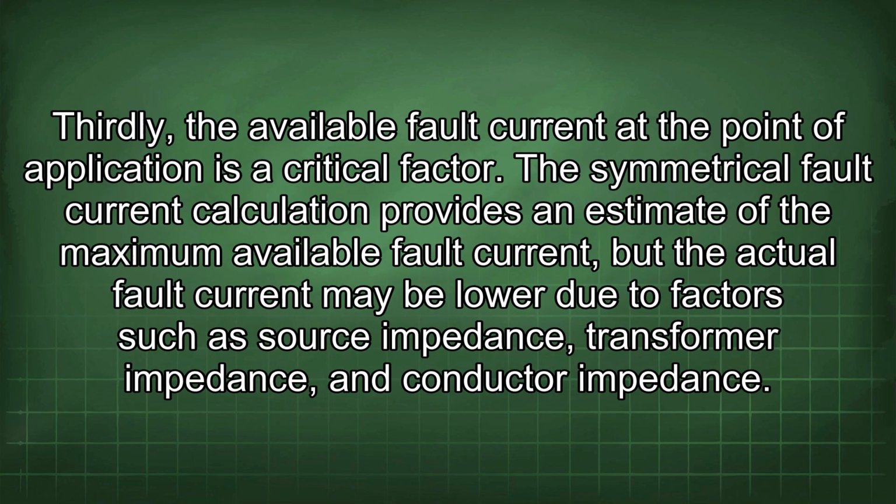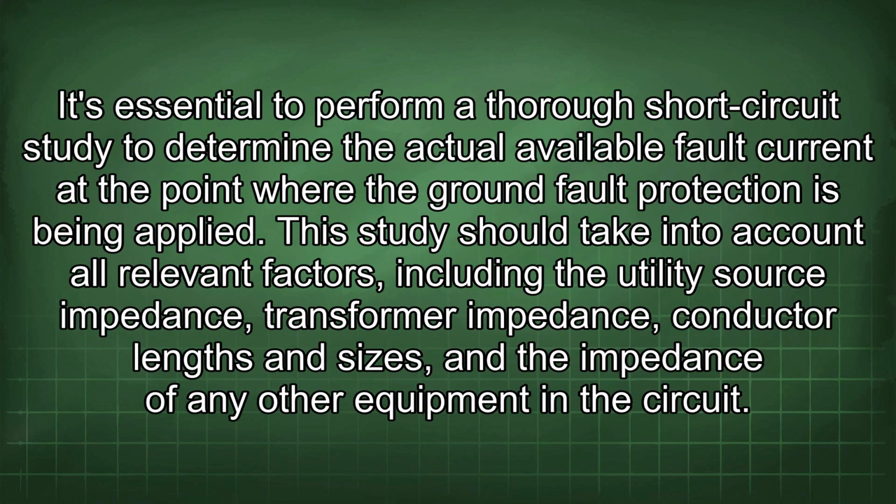Thirdly, the available fault current at the point of application is a critical factor. The symmetrical fault current calculation provides an estimate of the maximum available fault current, but the actual fault current may be lower due to factors such as source impedance, transformer impedance, and conductor impedance. It's essential to perform a thorough short circuit study to determine the actual available fault current at the point where the ground fault protection is being applied.